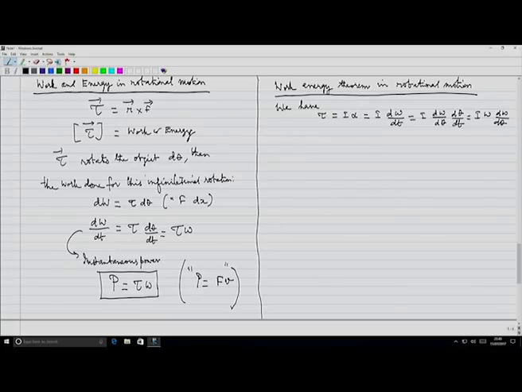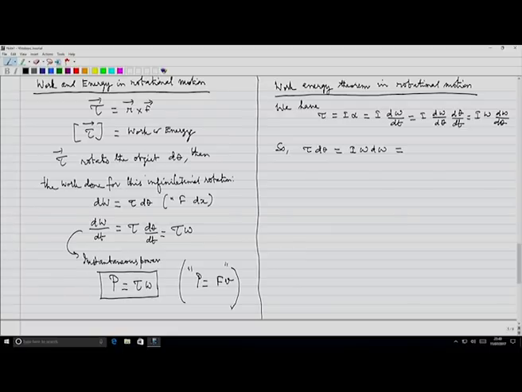Now I bring the d theta to this side, so I have tau times d theta is equal to I omega d omega.